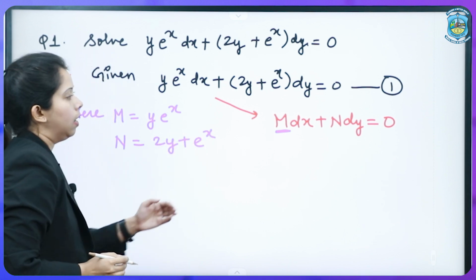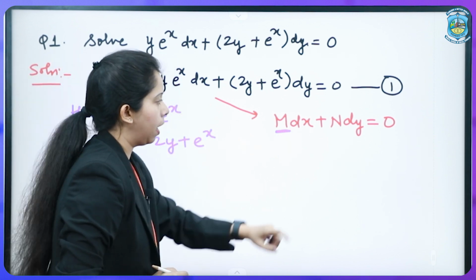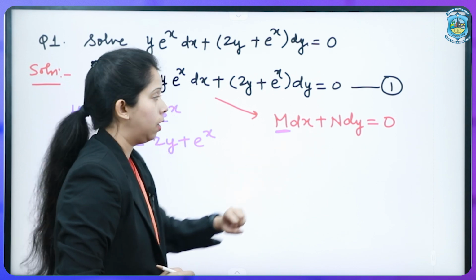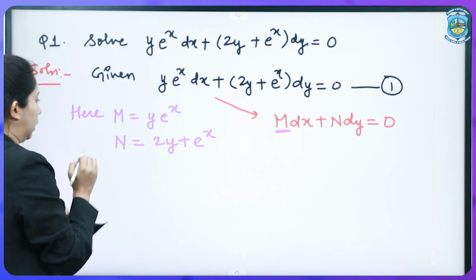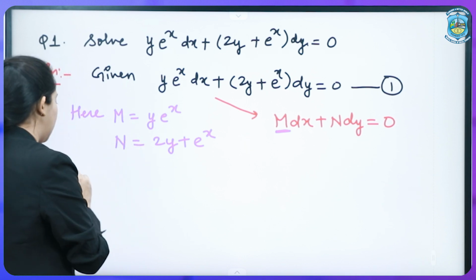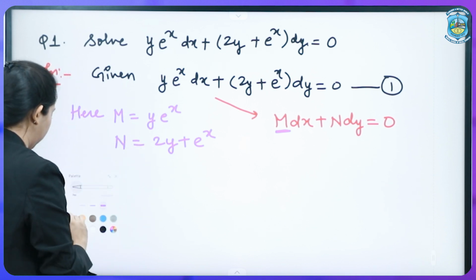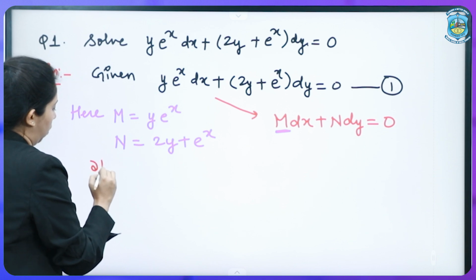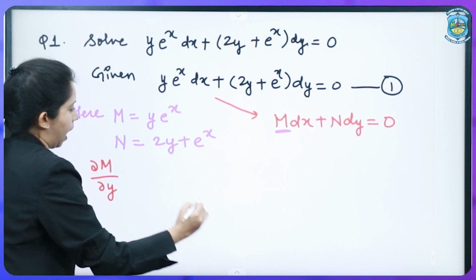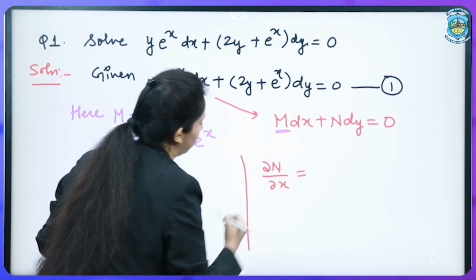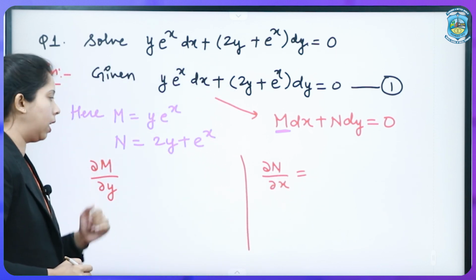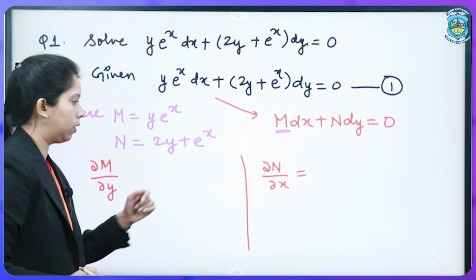So we can see that the coefficient of dx is M and the coefficient of dy is N. So we have compared it and got the values of M and N. Now this was the first step. Second step is you have to differentiate M with respect to y and differentiate N with respect to x.